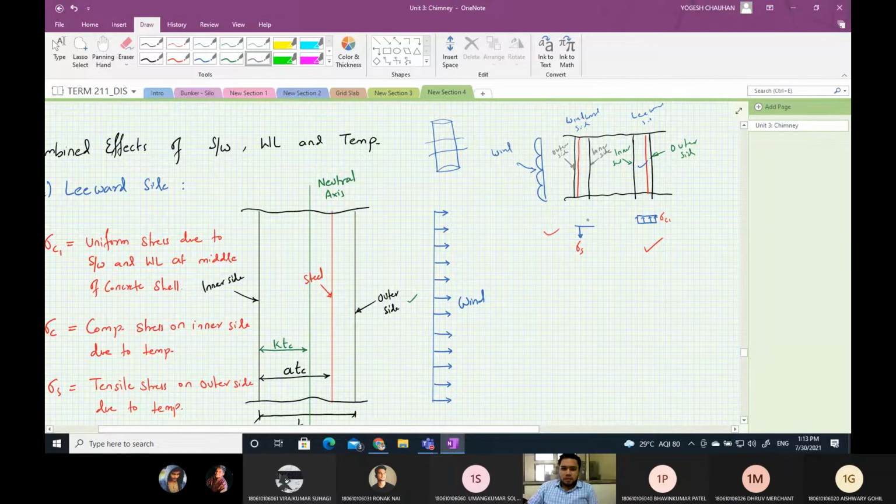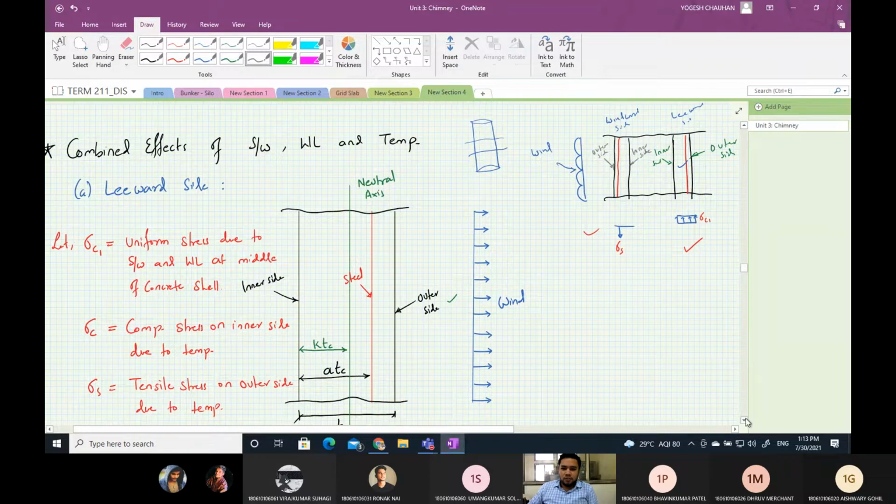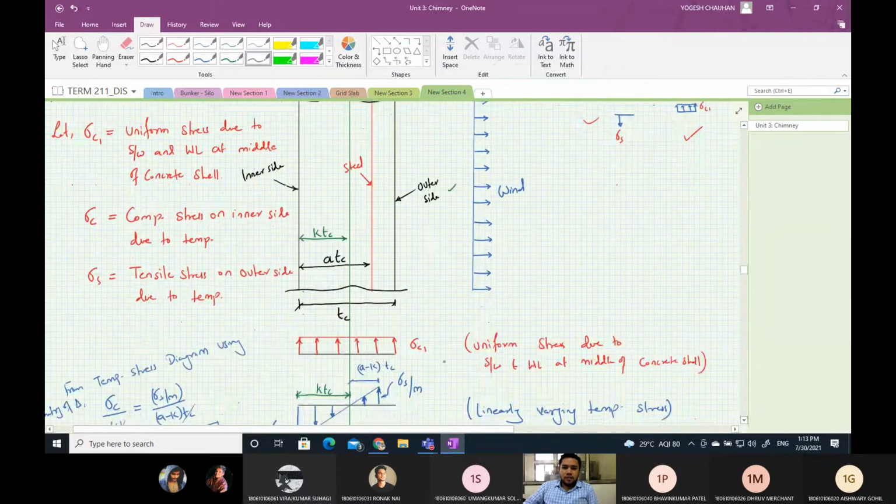And here this will be in tension and the concrete will not take tension. Tension will be taken by the steel only, and the stress in the steel will be sigma S. So that is the difference between the windward and leeward side. So here this diagram will change. Instead of this uniform stress, there will be stress at the level of the steel only.